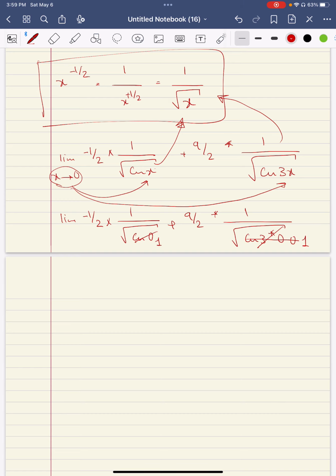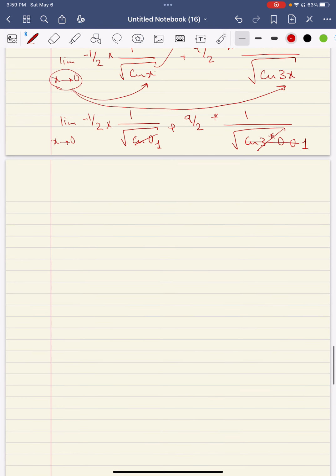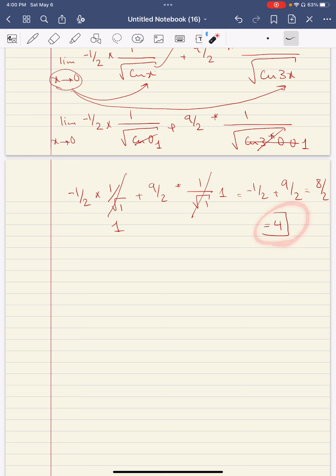So the answer would be negative 1 over 2 times 1 over root 1, plus 9 over 2 times 1 over root 1. 1 over root 1 is 1. So negative 1 over 2 plus 9 over 2, or 8 over 2, which equals 4. That's the final answer.